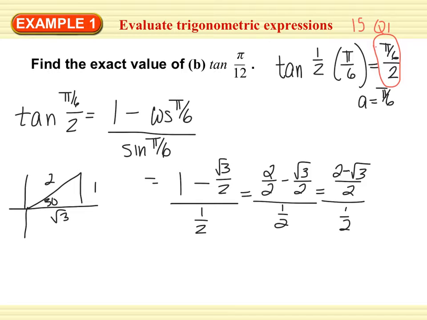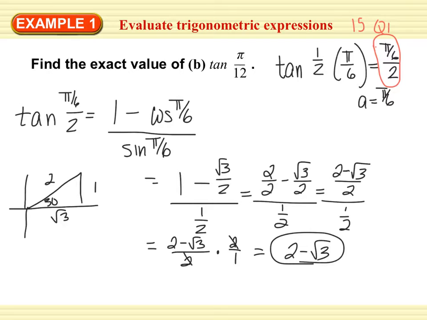I'm going to change that denominator into a multiplication problem. So 2 minus root 3 over 2 times 2 over 1. Those cancel, and I'm left with 2 minus root 3 as my answer.